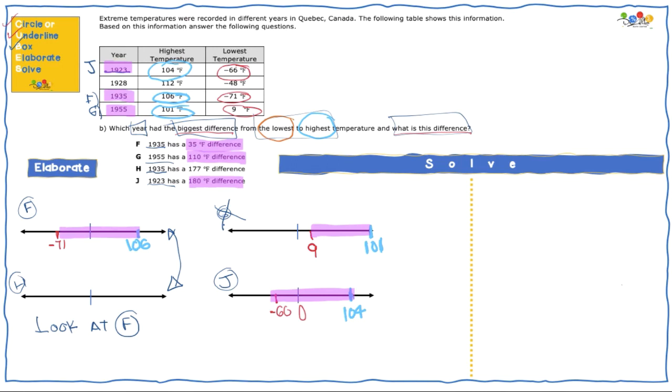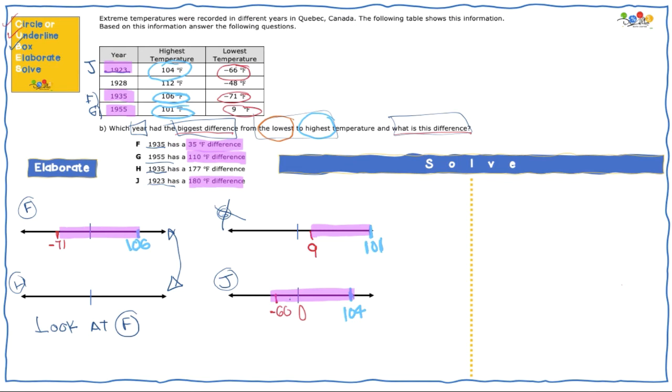And then I will be between F, H, and J. So far I can look at F and J and see the distance from 0 towards the left. On F it reaches up to negative 71, but on choice J, the distance goes from 0 to negative 66. So which one has more distance on the negative side?